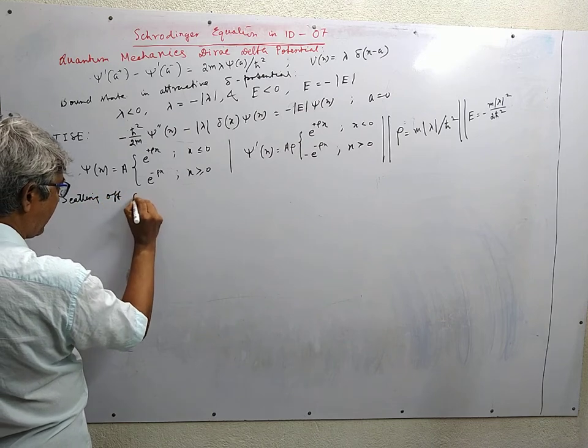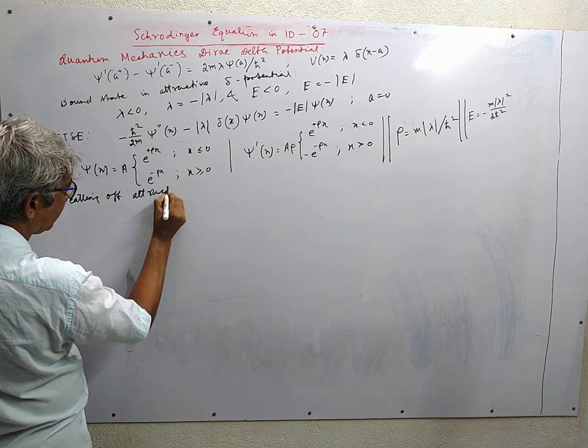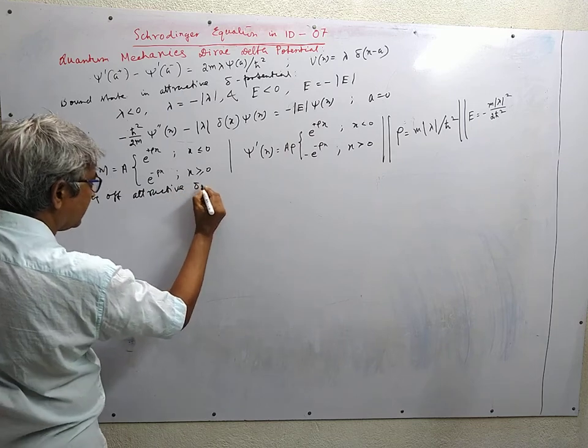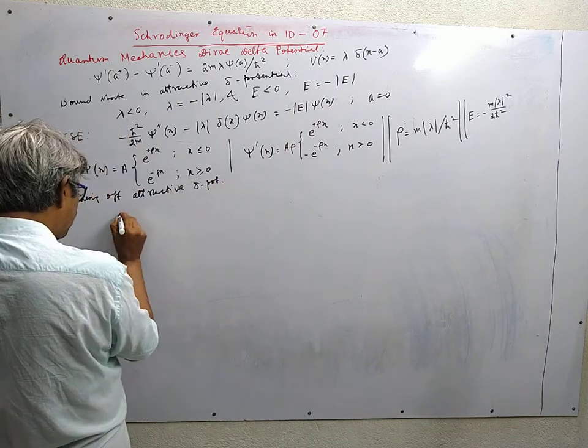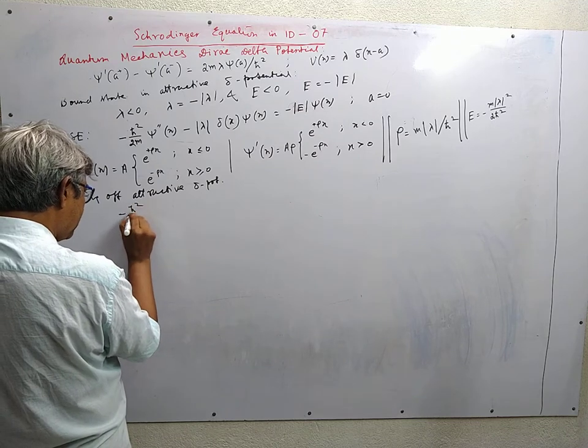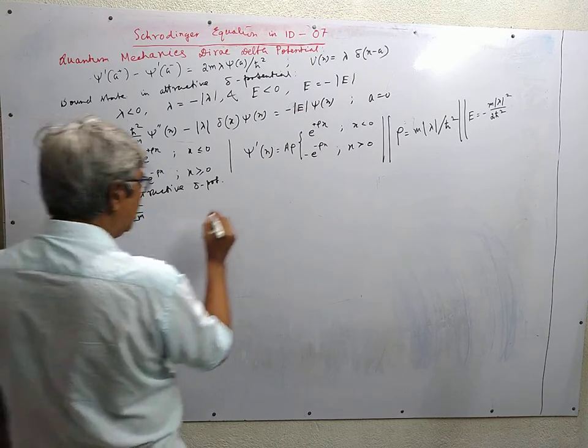Now the Schrodinger equation will be minus h line square by 2m.